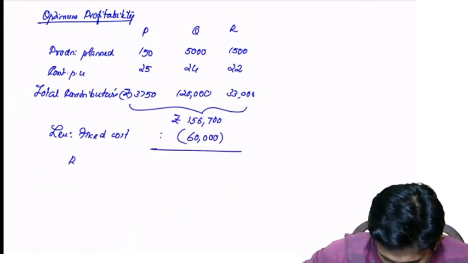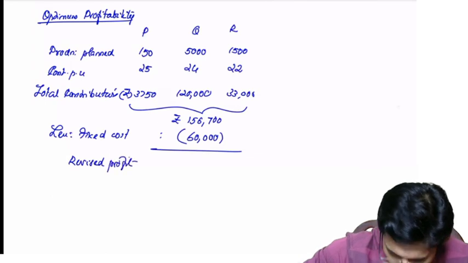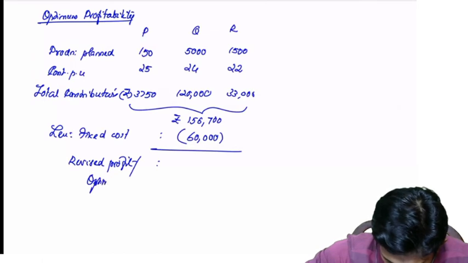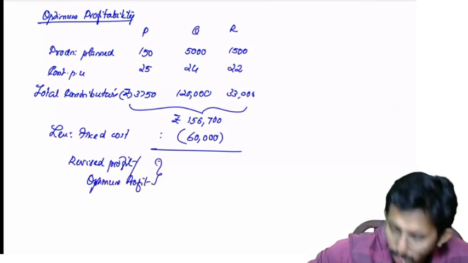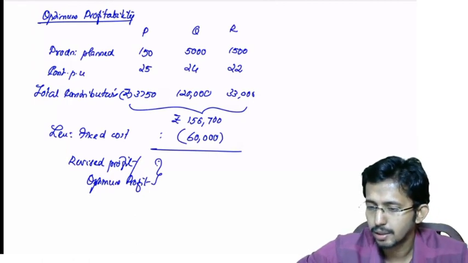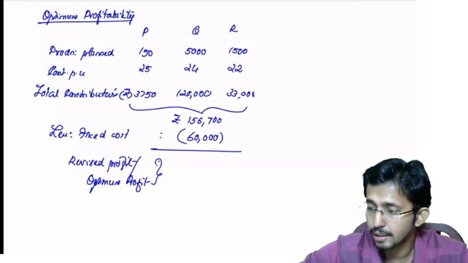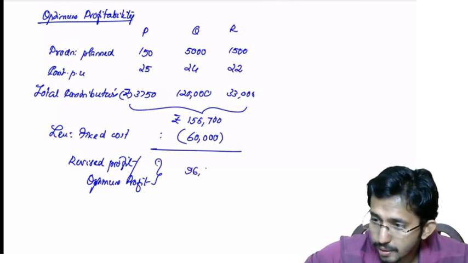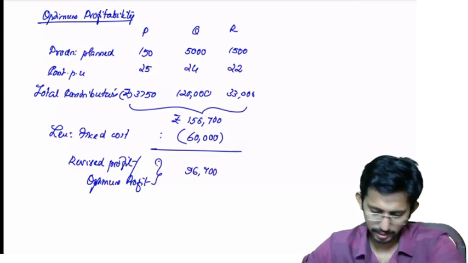So revised profit, or you can write optimum profit. Optimum profit refers to maximum profit. Okay, so this will be 1,56,700 minus 60,000 will be 96,700. Any calculation error?